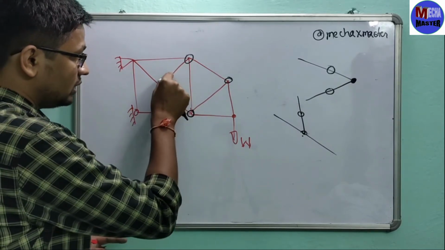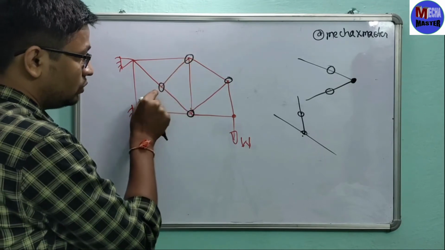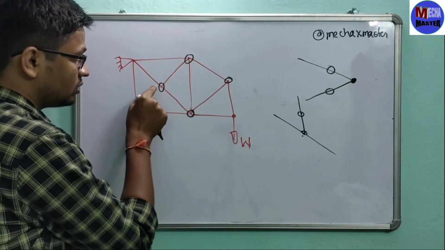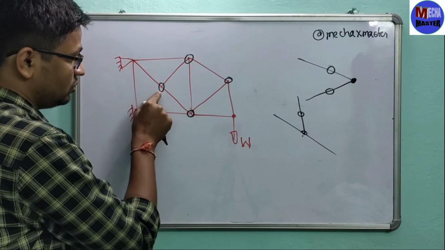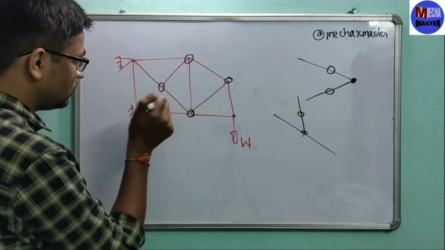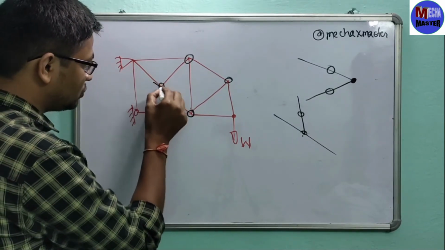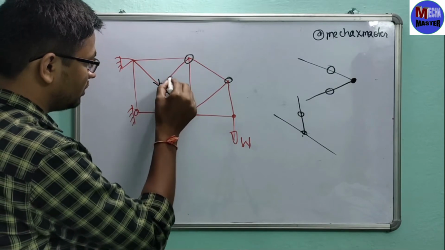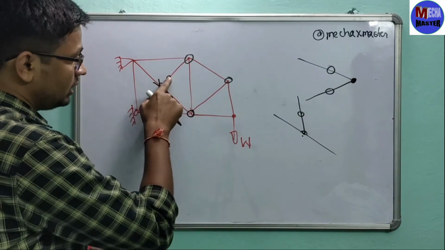This third link is connected with this joint, but you are analyzing this joint, so you have to pay attention at this joint. So you can easily see these 2 members are collinear, so this third member will be a zero force member. You can easily eliminate this.